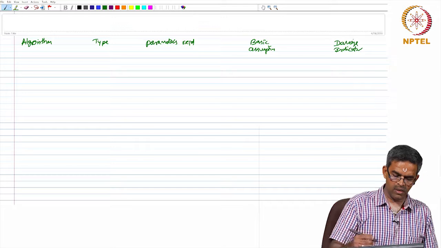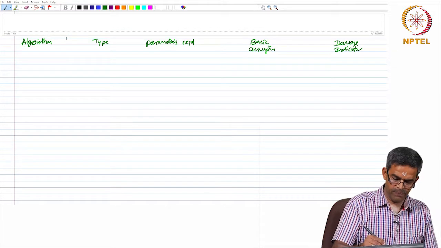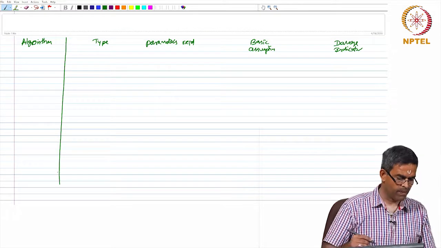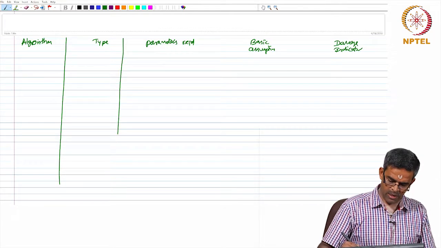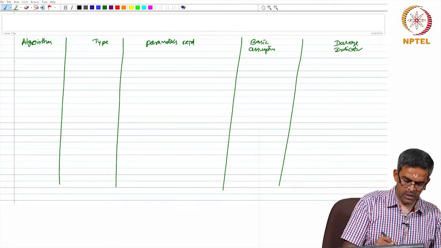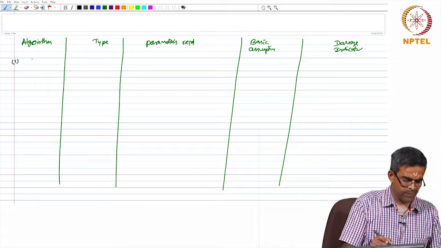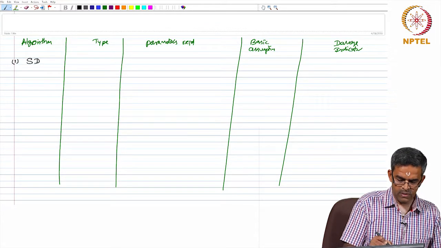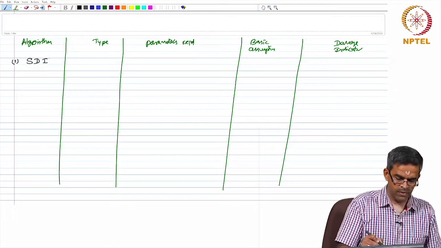Let us look at the comparison very quickly in a tabular form.